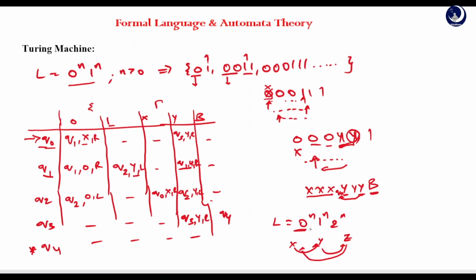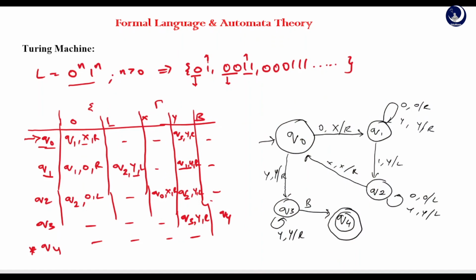So for each zero, check the availability of 1 and the availability of 2. Since there is no memory element like a stack, which we had for a pushdown automata, here we simply check for the symbols, and using the state symbols we can mark on the tape so that we can recognize how many symbols have already been processed.